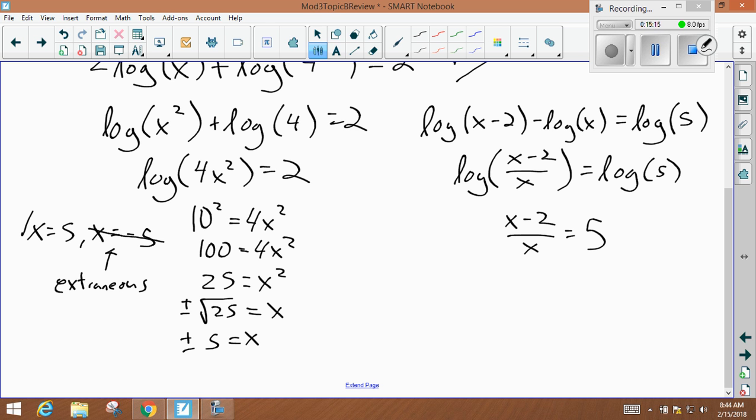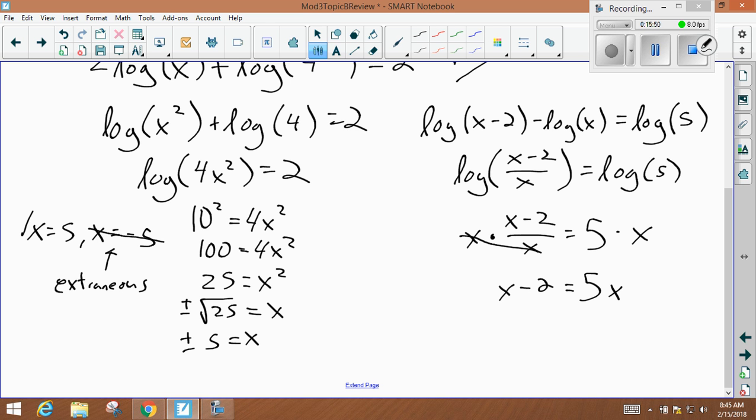Okay. Now let's solve this. I really hate when there is a variable in my denominator, so what do I do? I multiply both sides by that thing, which means those are going to cancel, and I get x minus 2 equals 5. Alright, now I'll go ahead and add 2 to both sides.